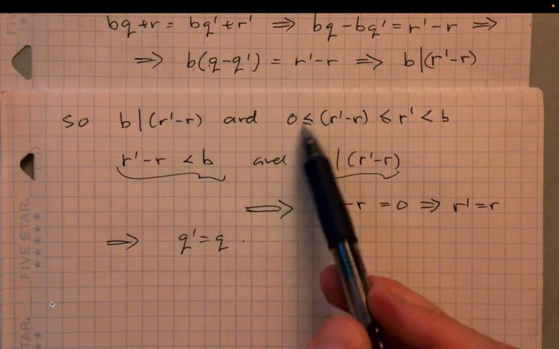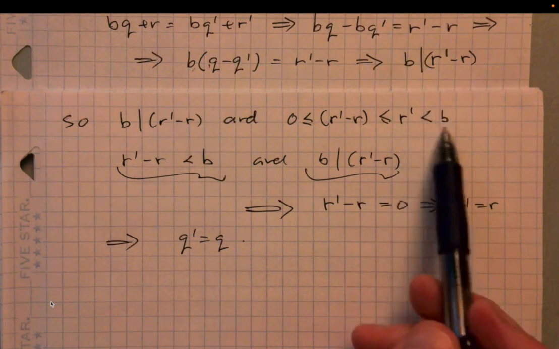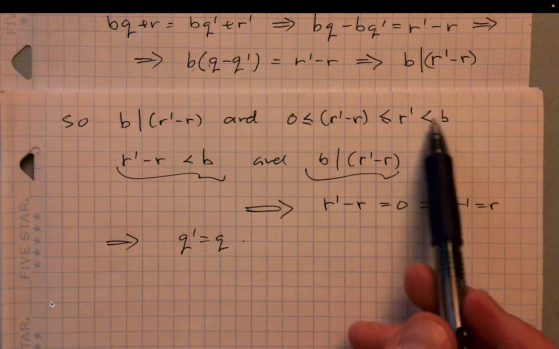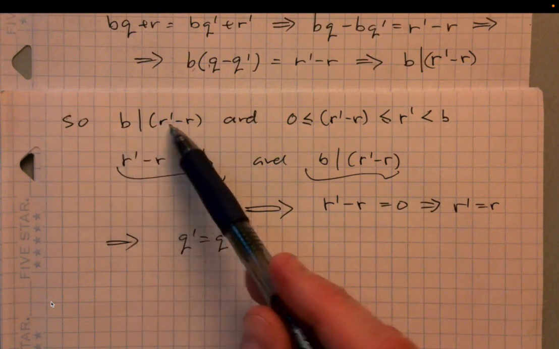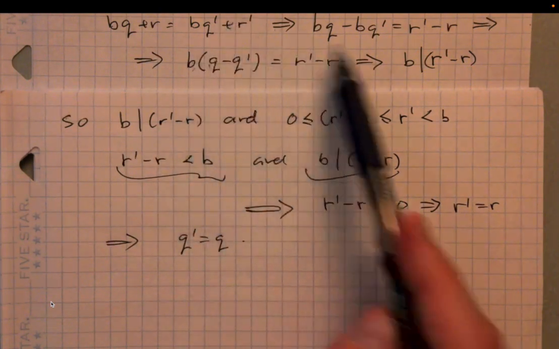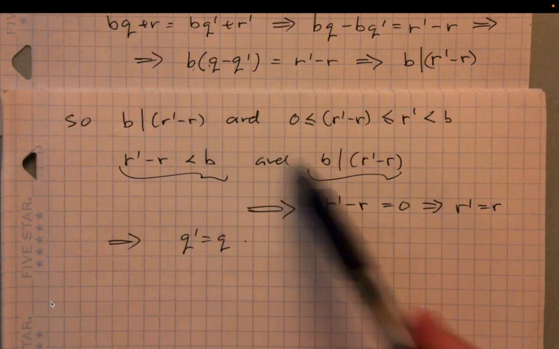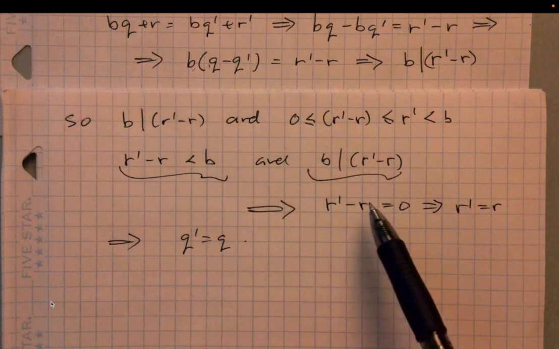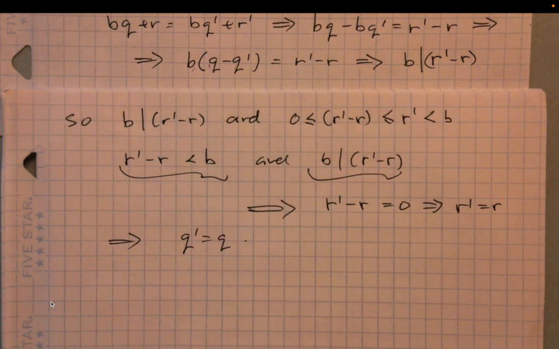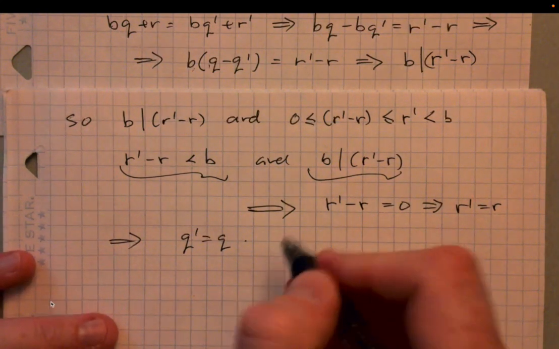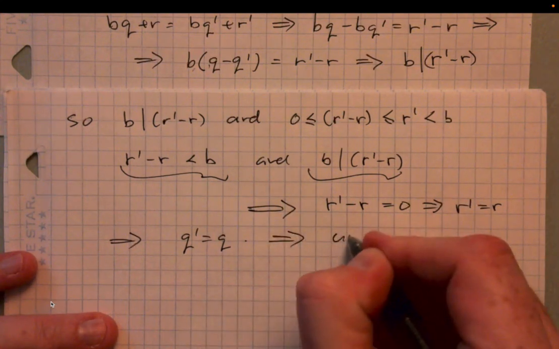By bounding r prime minus r as being strictly less than b, and also saying that b must divide r prime minus r, which is what we got up here, then the only way that can be true is if r prime minus r is 0. Okay, because 0 is divisible by any of its divisors. Okay, and so that's where we get uniqueness. So that implies uniqueness.